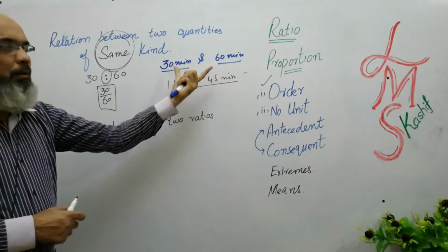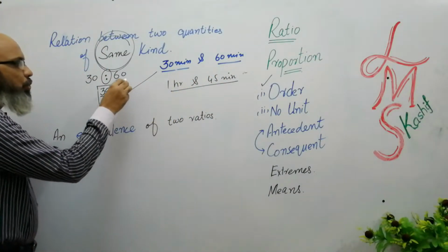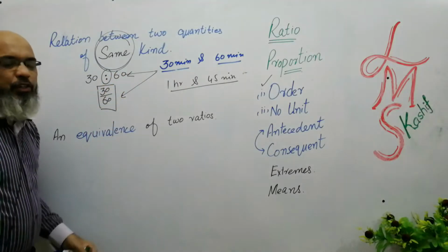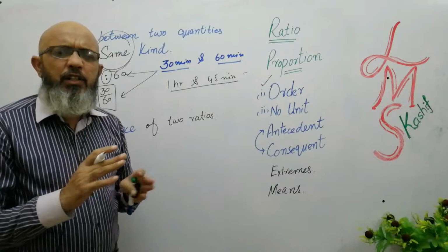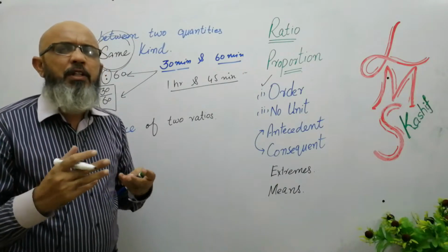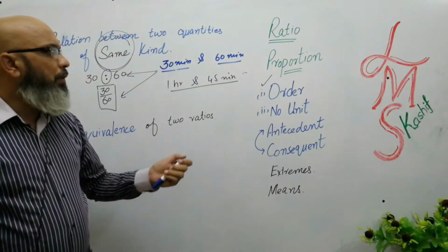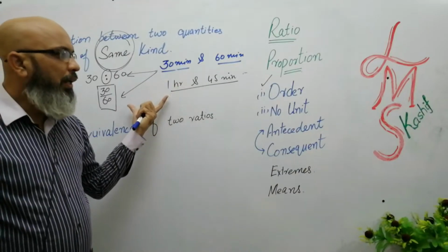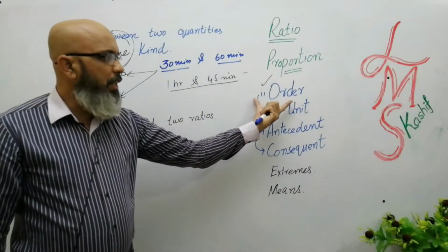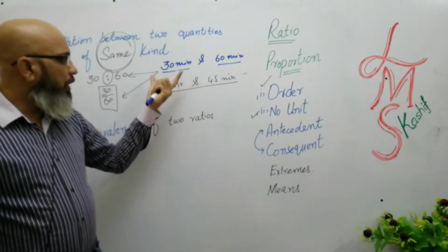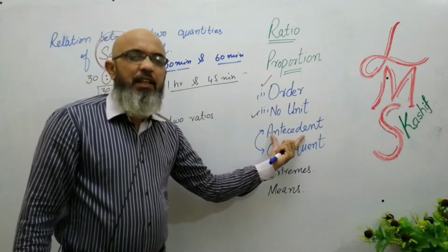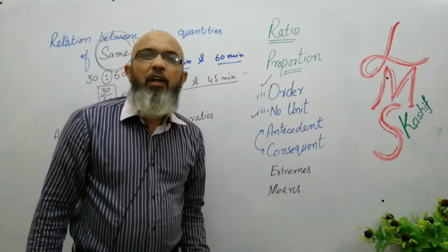Here we have the unit, but when we write it in ratio form, we will not write any unit, whether it is kg, grams, millimeters, centimeters, anything else. The order should be the same, but we will not write the unit. The first value of the ratio is always called the antecedent and the second one is the consequent.